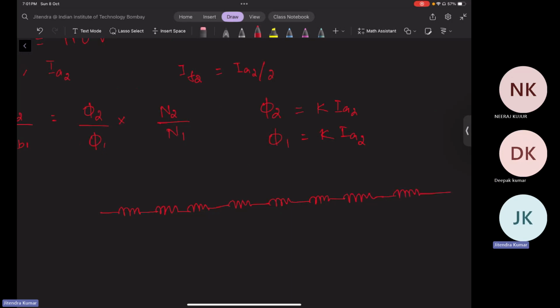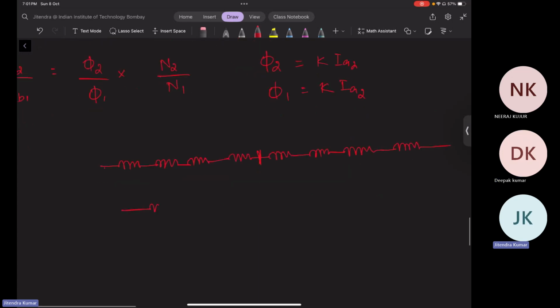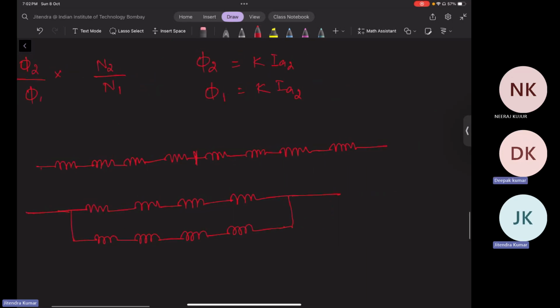Now, what we are doing, we are breaking this and we are connecting them in two parallel groups, right? So what will happen in such case? And this is further connected to your armature resistance. Here also it will be further connected to armature resistance and back EMF and all, isn't it?